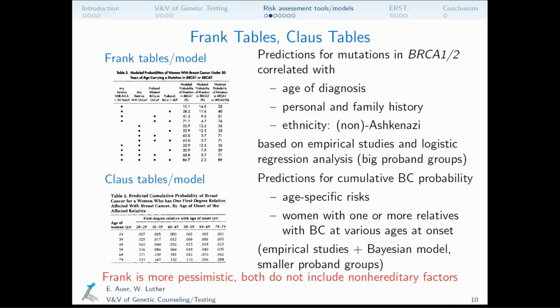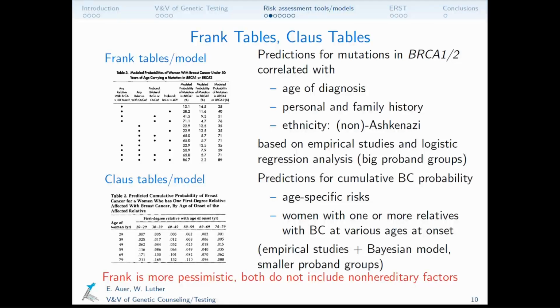There exist several established models to deal with such risk assessments. For example, Frank tables or Claus tables. Frank tables give us predictions for mutations in BRCA1 or 2, and they are correlated with the age of diagnosis, personal family history, and also ethnicity.